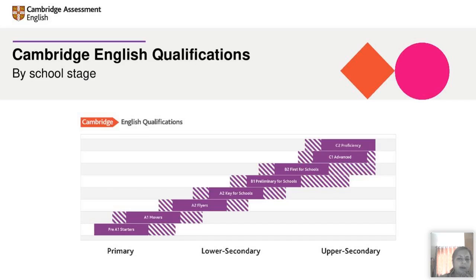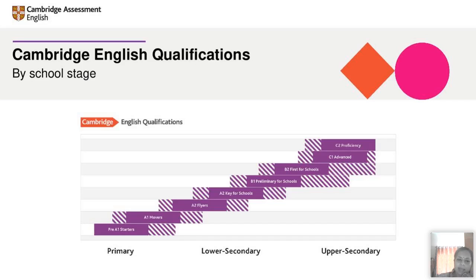These are very ballpark age suggestions that we are giving, although Cambridge English qualifications does not prescribe any age limitation, just giving a ballpark reference between 6 and 12. If you see, you have a pre-A1 level, which is, as I said, even before they get on to the A1 level. It's a pre-A1 level, which is called the starters.